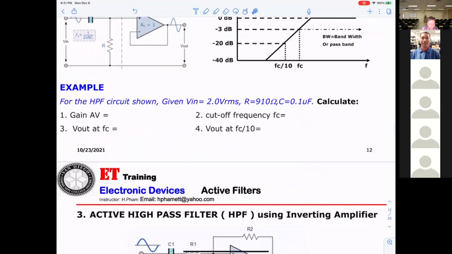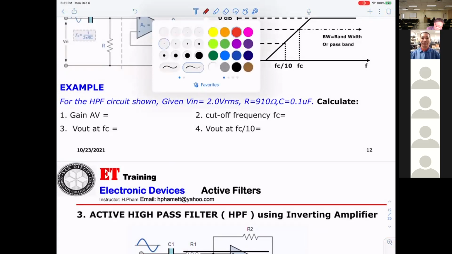Now they're giving you the example for the high pass filter. Input is 2 volt RMS, R is 910 ohm, C is 0.1 microfarad. They want to know the gain. And this is a unity gain, so you know the gain equals 1.